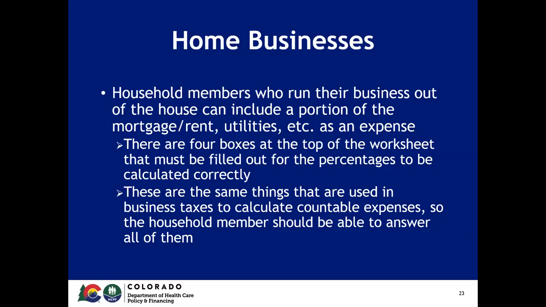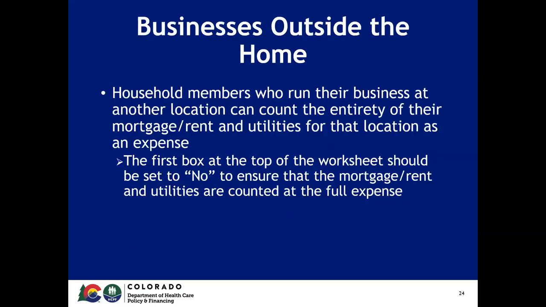These are things that they already do on their business taxes, so they should have all of that information. And then for businesses outside of the home, household members would be able to use the entirety of their mortgage or rent and utilities at that location as an expense. In that case, the first box at the top of that worksheet should be set to no to ensure that the full amount of the mortgage and rent and utilities are counted.